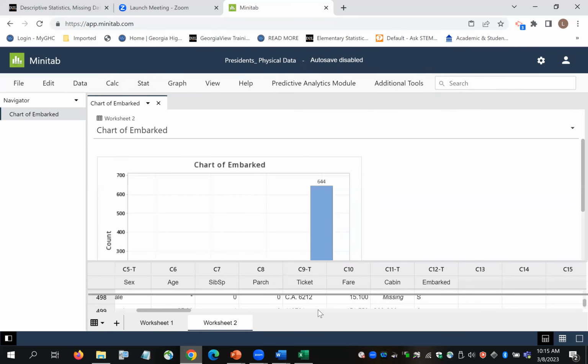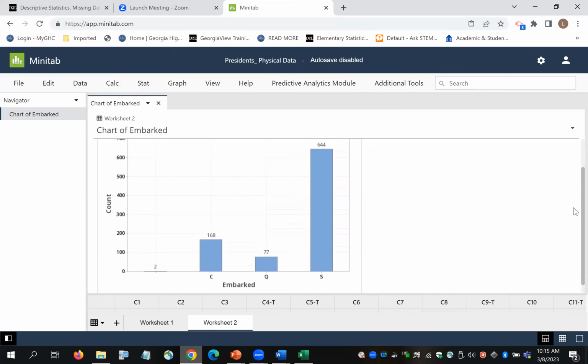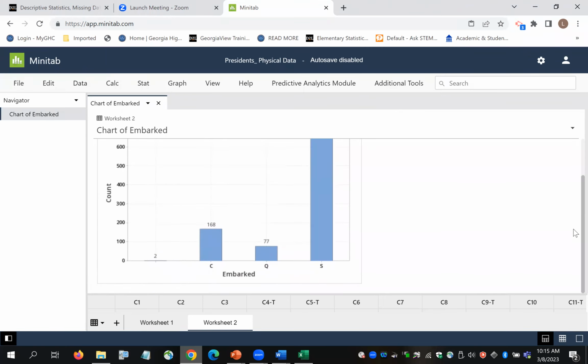And within Minitab, it creates my graph. It by default indicates that the horizontal axis is Embarked, and it has the count or the frequency. Those are the defaults.